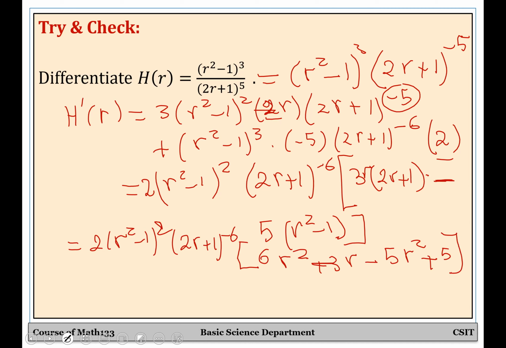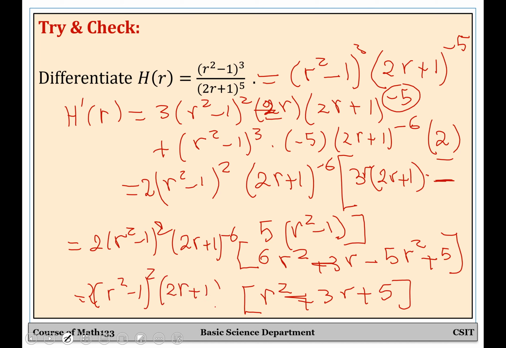Okay, so in total I will have r squared plus 3r plus 5 multiplied by 2(r squared minus 1) squared times (2r plus 1) power minus 6. So this is the derivative.